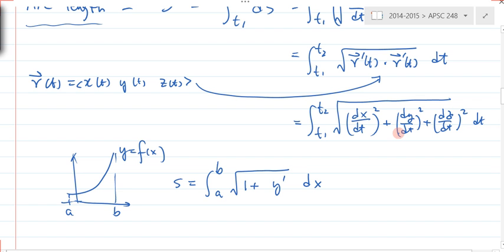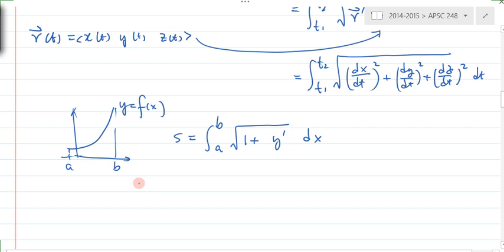It is a special case because it's 2D. We're looking at 3D here, right? So, why is it a special case? If I have a curve y equal to f of x, from my previous lecture, what is the simplest parametric equation for this one?